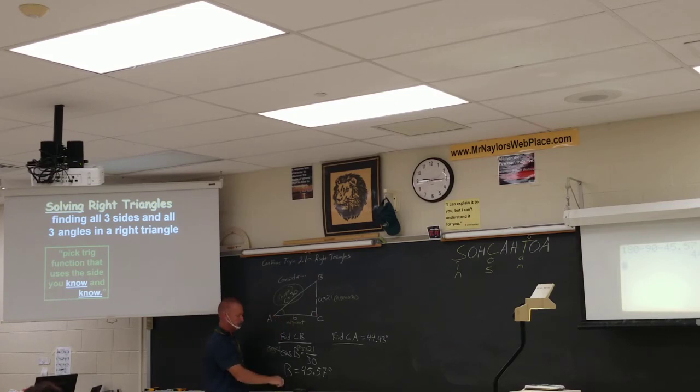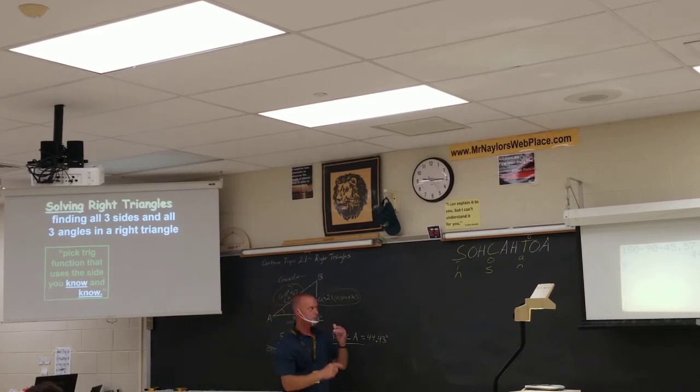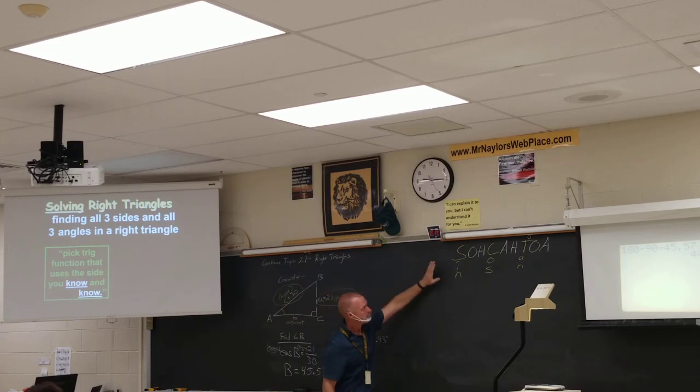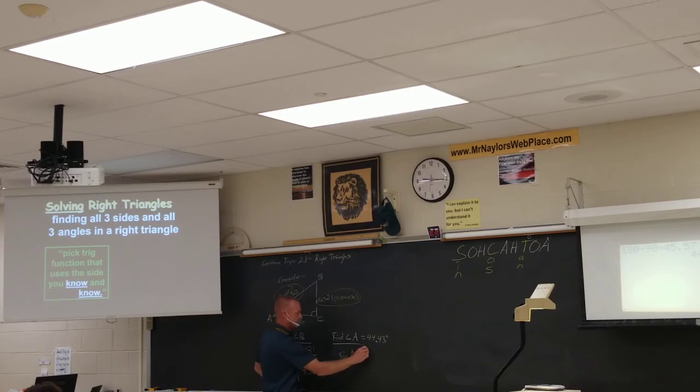How does it work? You want to pick a trig function that uses what you know. I know the opposite. I know the hypotenuse. Opposite, hypotenuse. Pick up the phone and you're going to call sine. It turns out that the only thing that's really different is the trig function.